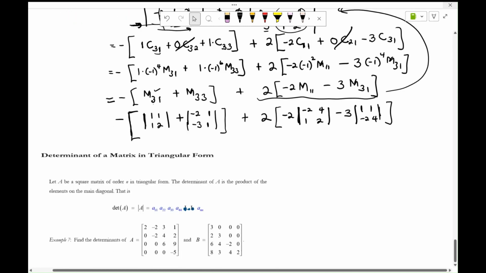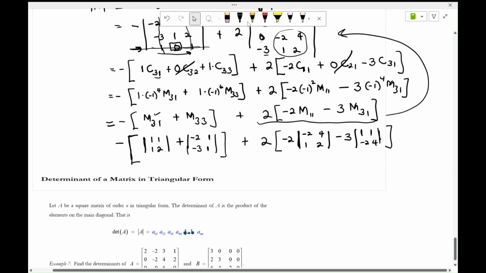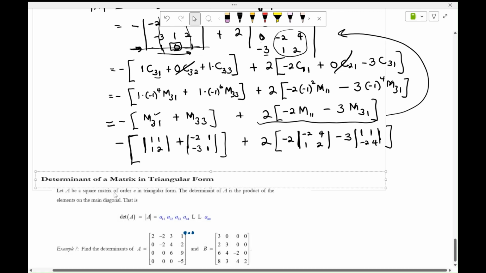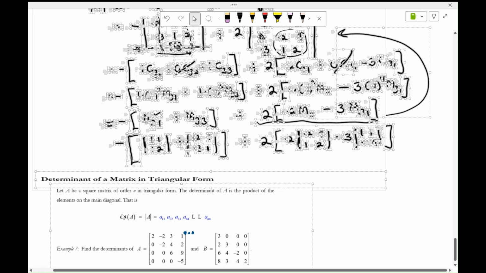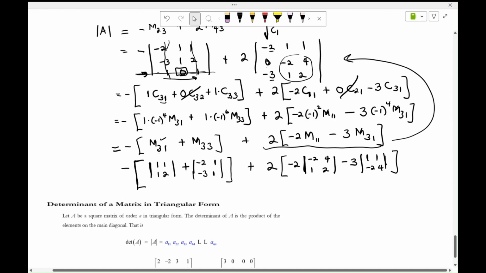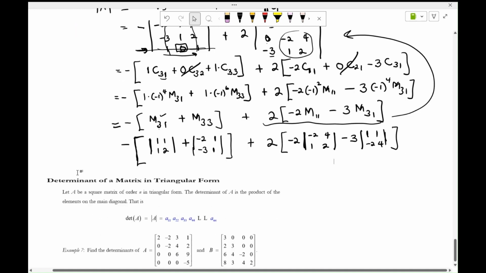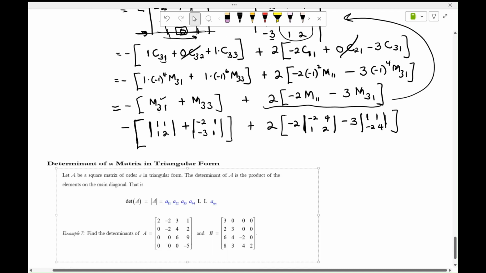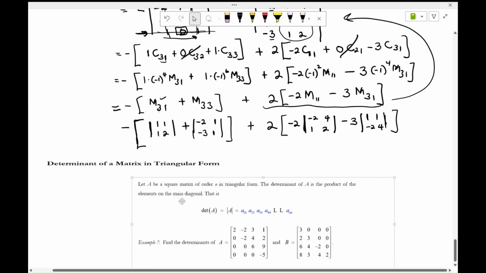Now we are almost done, so I think we need more space here. Let's see. All right. Okay.